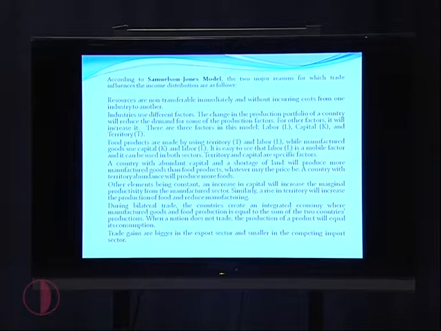There are three main factors in this model: labor, capital, and territory. For example, food products are made by using territory and labor, while manufactured goods use capital and labor. It is easy to see that labor is a mobile factor and it can be used in both sectors, yes?